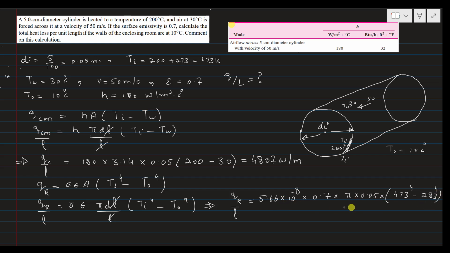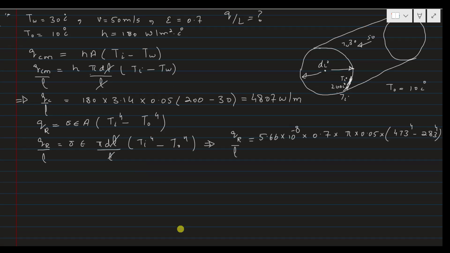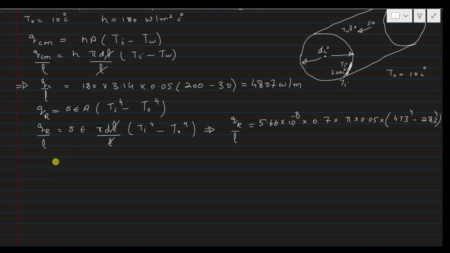After simplification on the calculator, you will get radiation heat transfer per unit length of 272 watts per meter.